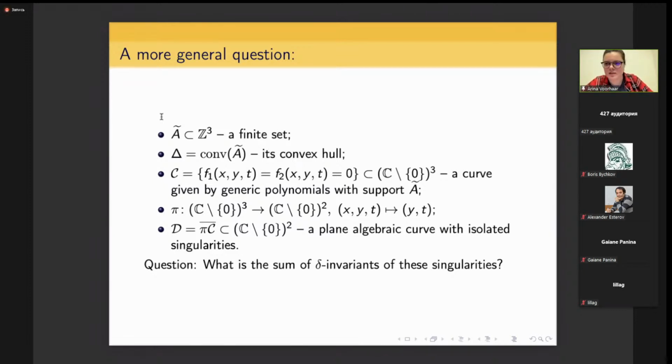So still bad things can happen, not only nodes as singularities. I hope we'll finish that paper and then I will be able to tell you more.